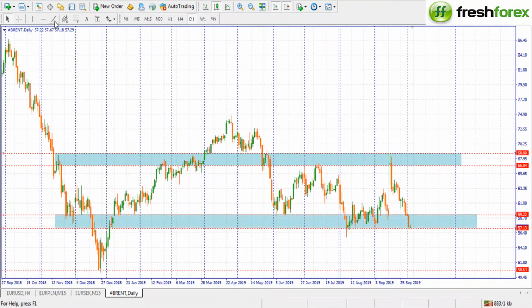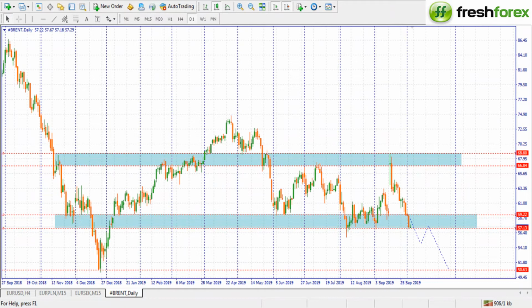So should price break below this level, which is, should it go below 57.13, then I'll simply wait for retracement before I pick a sell up to the next level, it's 50.63. So overall, we are looking for a sell on Brent oil, but only if price goes below the level which I've mentioned.